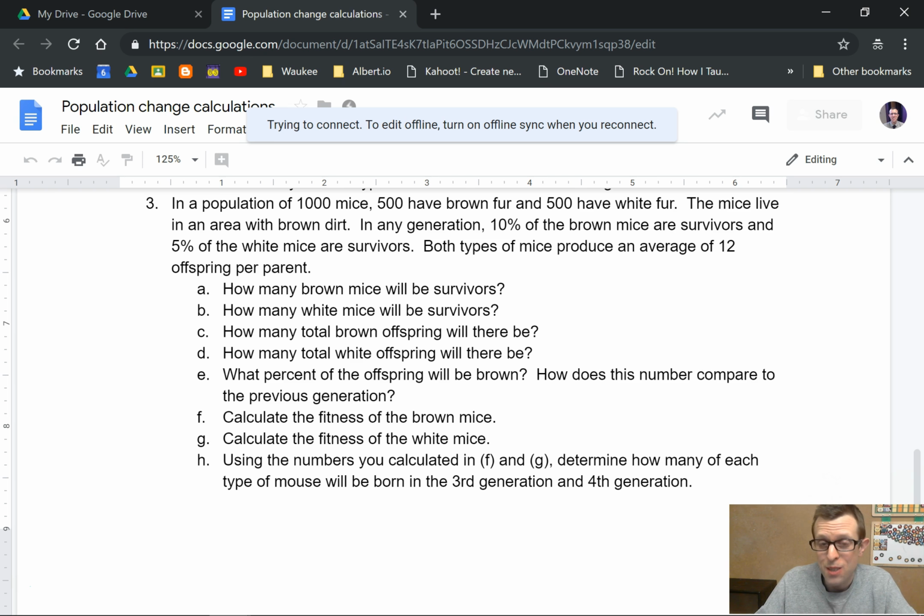The next step on this is going to be how do we extrapolate, how do we figure out over larger numbers of generations. And that's where doing all the calculations by hand is going to be a pain. Spreadsheets are going to be useful. So we'll figure out how to implement those, but first we just need to get a little practice with doing the calculations in the first place. So get some practice with these.